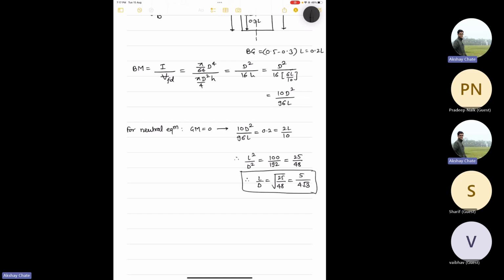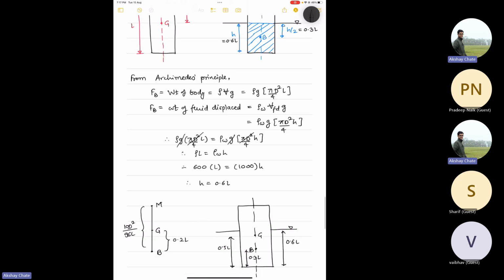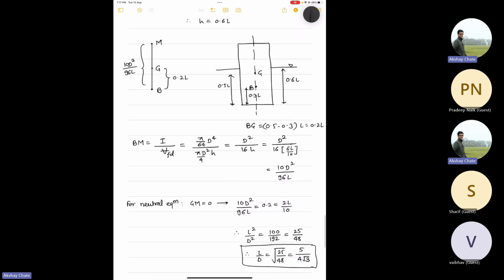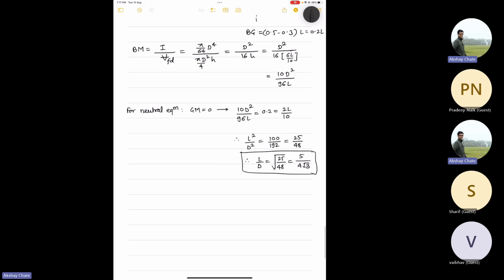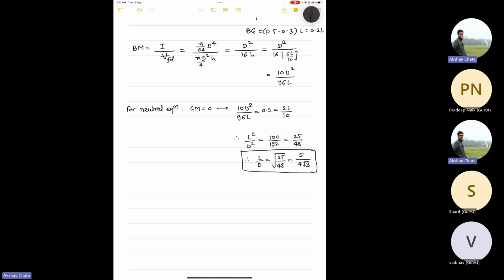This is actually a subjective question, maybe a 20 marks question in the exam. I think it was ESE or maybe civil services somewhere. But I can make another question also.